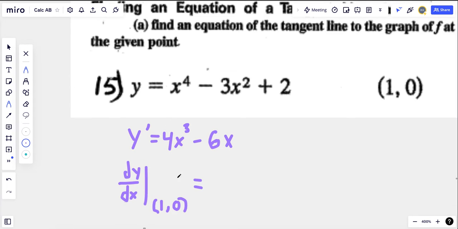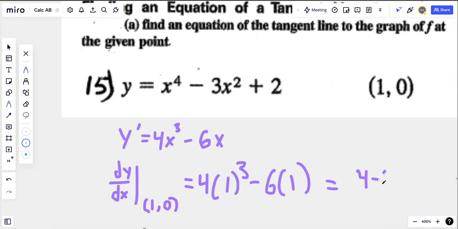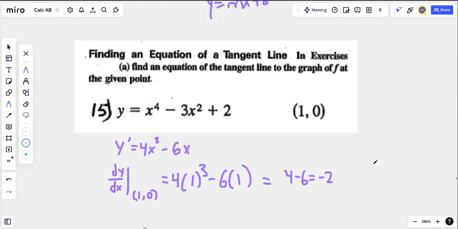In this case, it doesn't really matter about the 0. This whole thing is in terms of x on this side, so we just plug in 1 for everything. So 4 times 1 cubed minus 6 times 1, so it's 4 minus 6, which is negative 2. Okay, so our slope is negative 2.